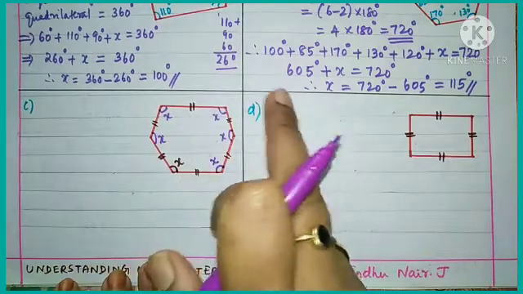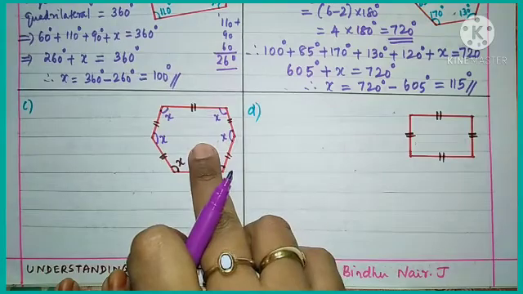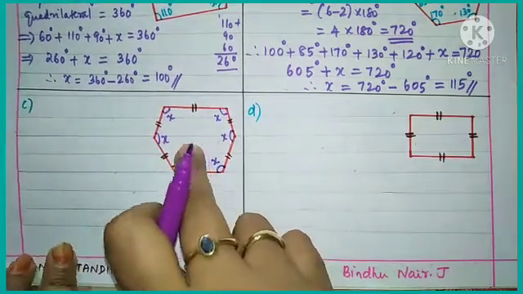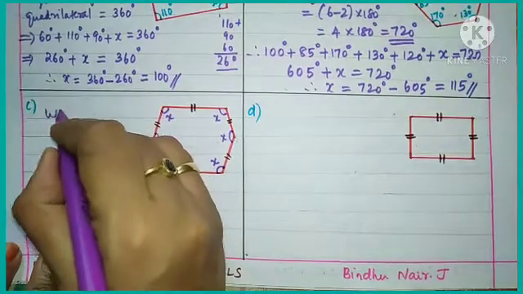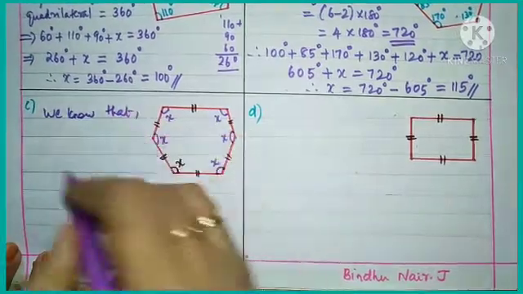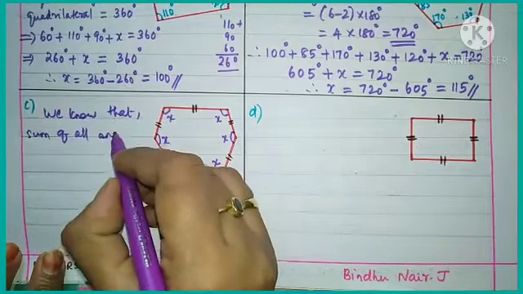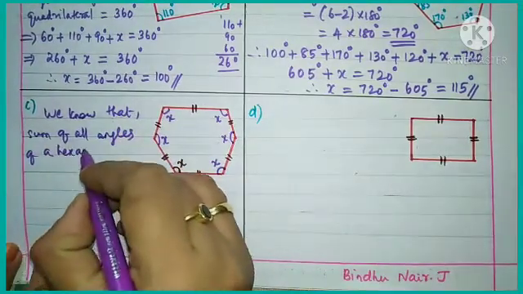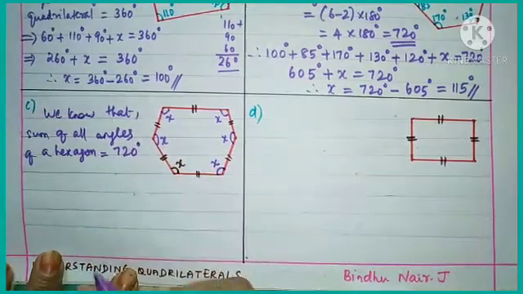Now applying the same, sum of all angles of a hexagon is 720 degrees. We can find out what is this unknown angle x. Okay, so we are writing, we know that sum of all angles of a hexagon is equal to 720 degrees.